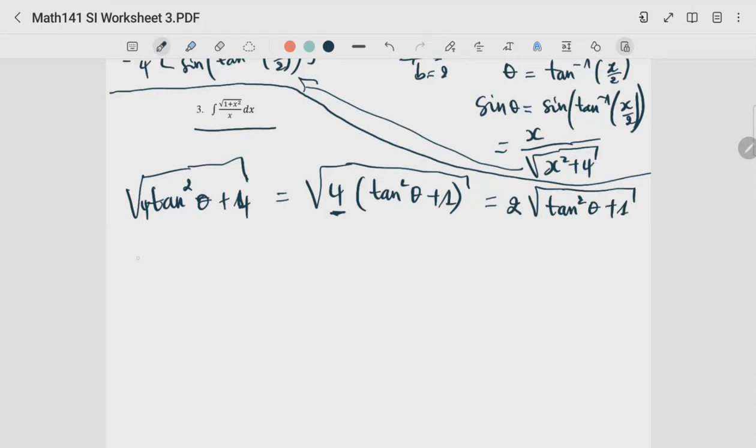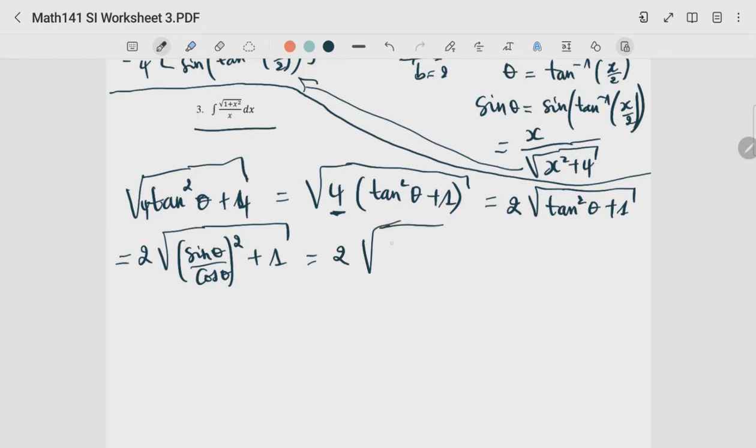We know that tan is sine over cos, right? So you have 2 multiplied by the square root of sine theta over cos theta, squared, plus 1. I hope you can follow up to that. Then this is equal to 2 multiplied by the square root of sine squared theta over cos squared theta plus 1.